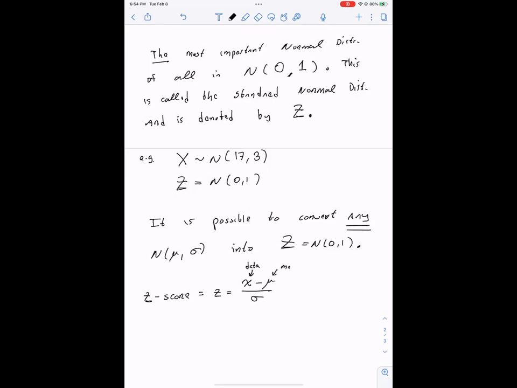Mu is the mean according to your normal, and sigma is the standard deviation according to your normal. So what I can compute is the z-score for any data that you possibly have.